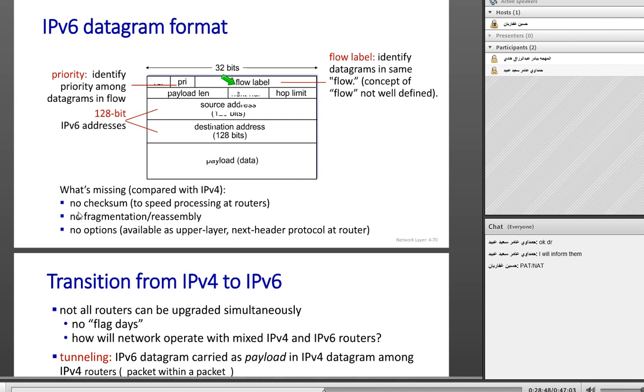So I can grant the quality of service requirement of the traffic simply because I know the requirements. In this format, there is no checksum field, there is no fragmentation and fragmentation offset, and there are no options.